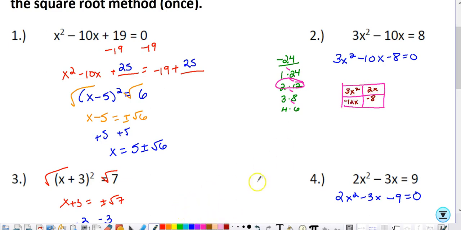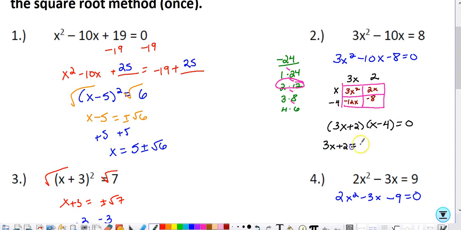And filling in my factors. 3x squared has to be x times 3x, and I chose the 3 here because of the 12. That makes negative 4 there, which makes it 2 here, and 2 times x is negative 2. That works. 3x plus 2, x minus 4.